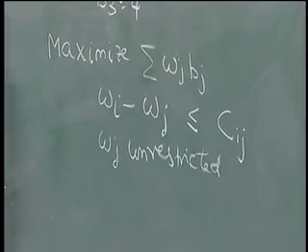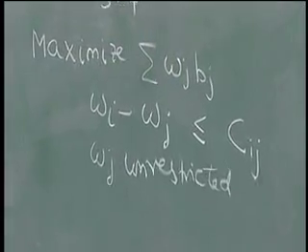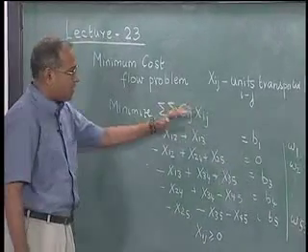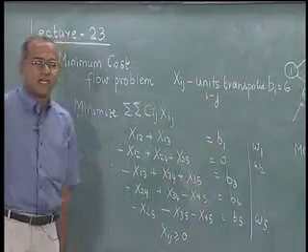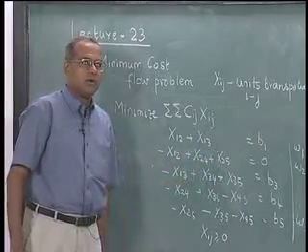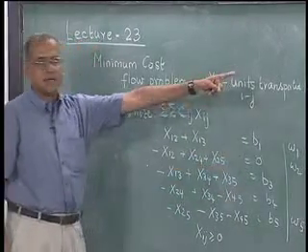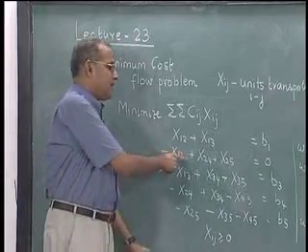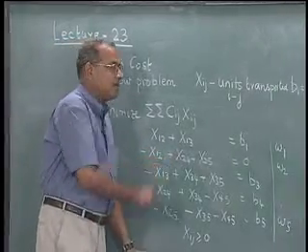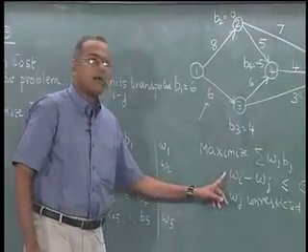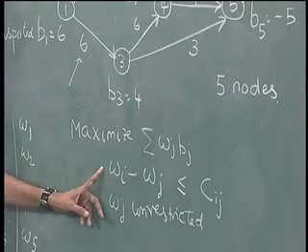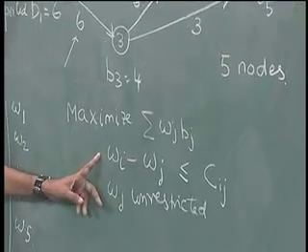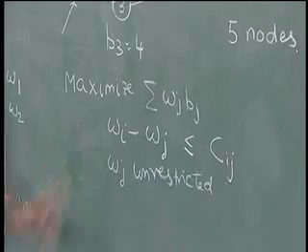Now, we are also aware from this formulation that if we add the left hand side and the right hand side vertically, we get 0 equal to 0 if it is balanced. Our example is balanced, so we get 0 equal to 0, which means it is a linearly dependent system of equations, which also means that one of the dual variables has to be assigned an arbitrary value, and usually we assign value equal to 0 to one of the dual variables.